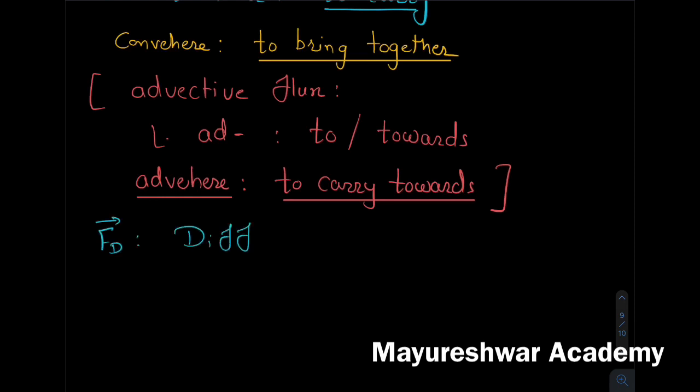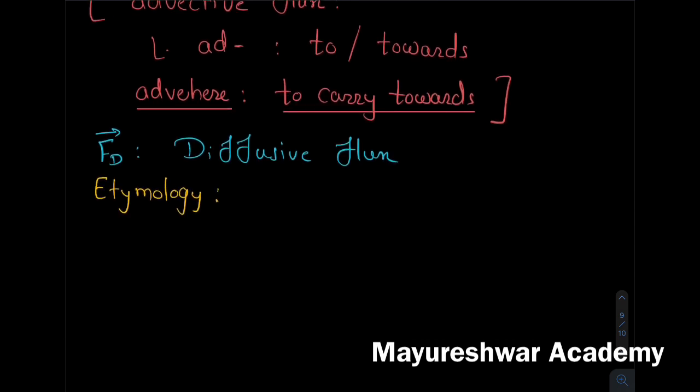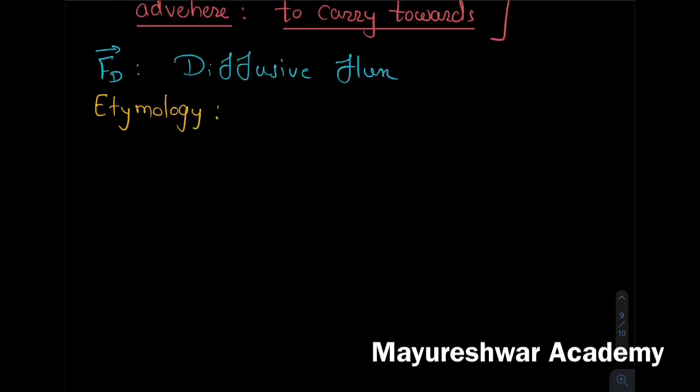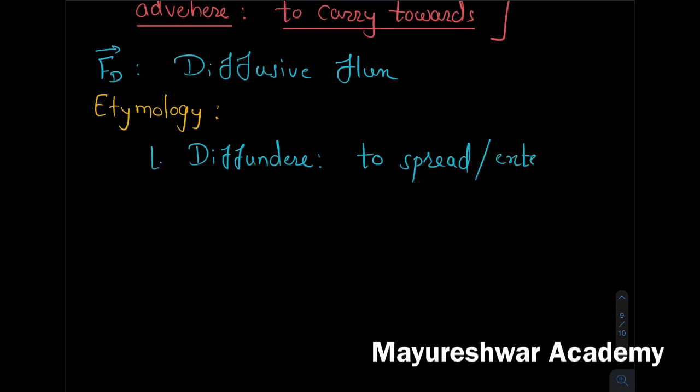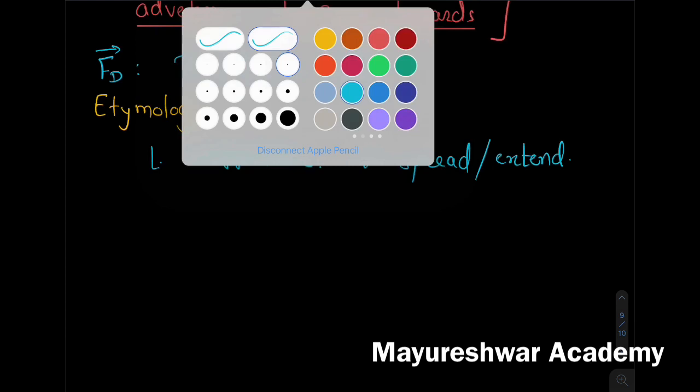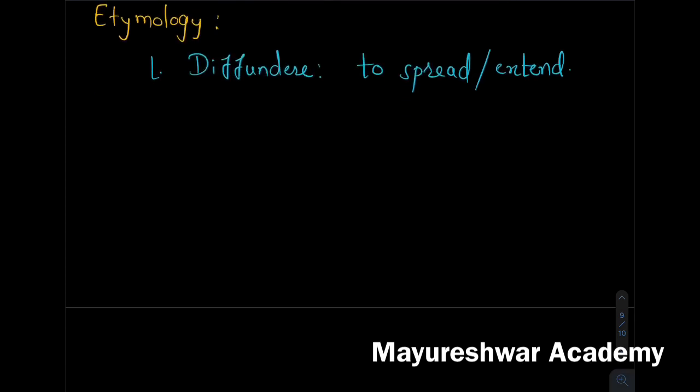So advection is more directed. The next term is diffusive flux, FD bar. Again, etymologically it has a Latin root, diffundere, which means to spread or to extend. So the first means to carry together, and this means to spread out.